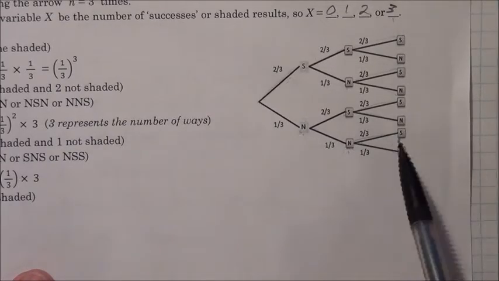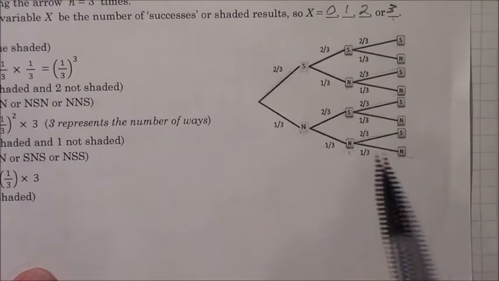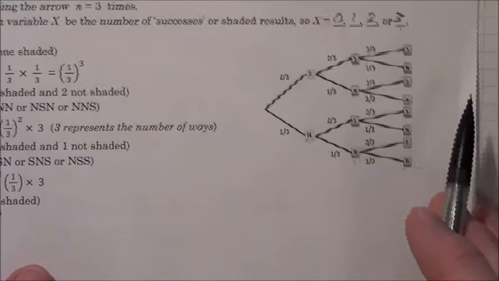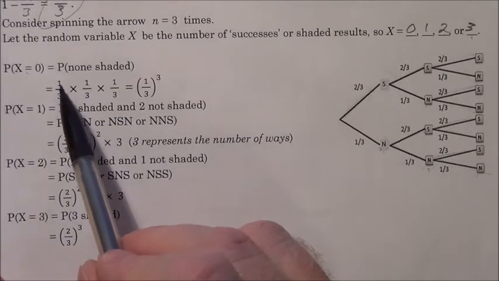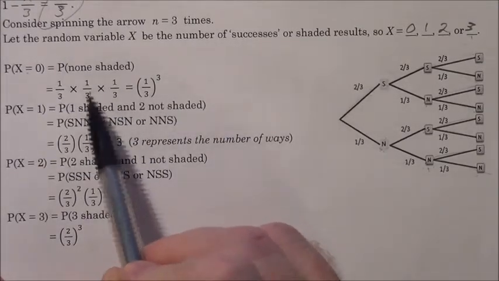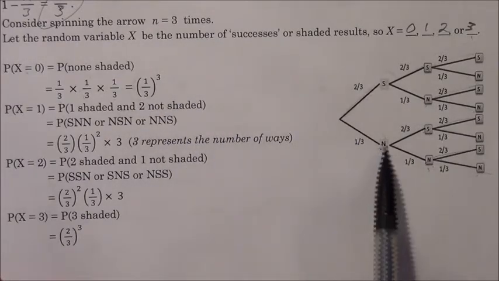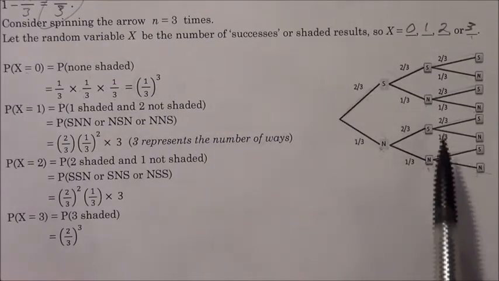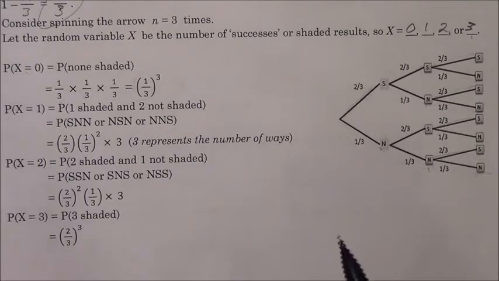That's a 1/3 probability. And then another 1/3 probability that it lands on a non-shaded section. Therefore, when we take all those independent events together, we get 1/3 multiplied by 1/3 multiplied by 1/3. So that's 1/3 all cubed, which would give us the probability that in those 3 spins, the arrow does not land on a shaded section.